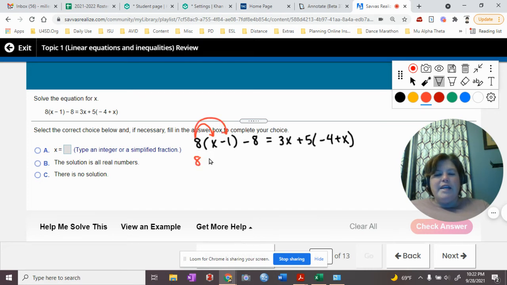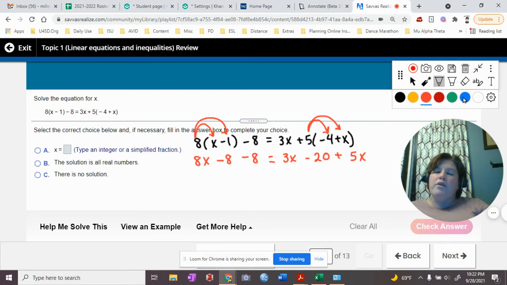So I have 8x minus 8 minus 8 equals 3x. Here I'm going to distribute this 5 to the negative 4 and to the x. So minus 20 plus 5x.